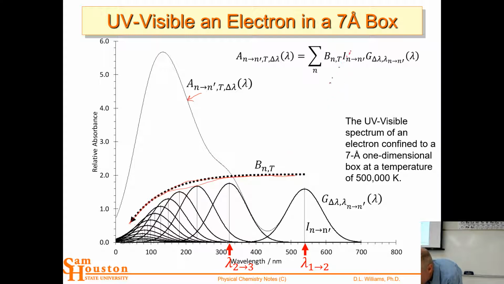Then this I piece is right here. This stick is the integral result from n to n prime. Okay, so that I is that stick. And then what gives the peak its shape is the G. So the G gives it this Gaussian shape.